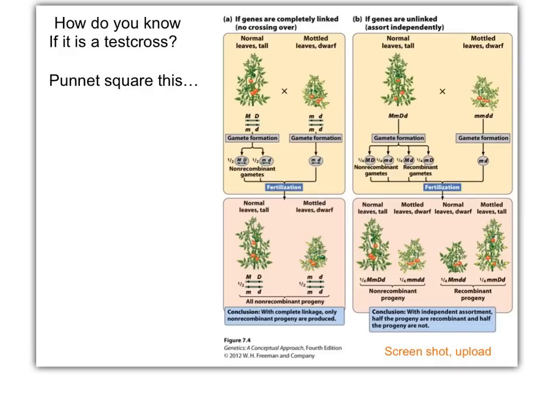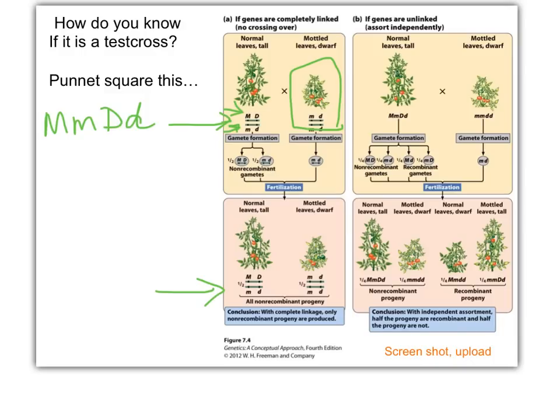The test crosses. In this case, they're setting them up like this rather than just showing it like this, so we can see which genes are on which chromosome. The homozygous dominant on one, homozygous recessive on the other. The test cross guy is always the homozygous recessive, and then what do we see in the offspring?